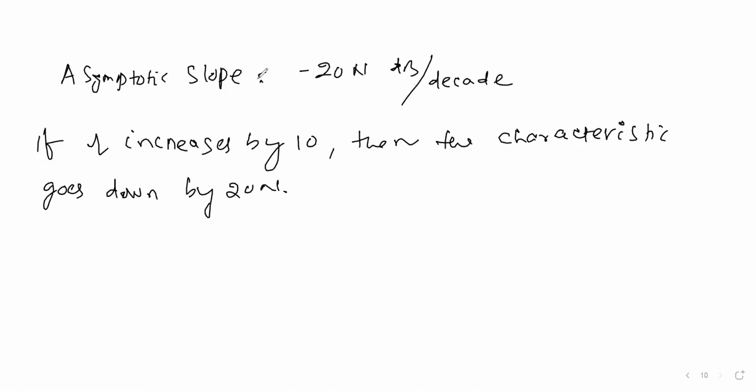Hence the asymptotic plot is minus 20n dB per decade. Okay, if omega is increased by a factor of 10, it will decrease by 20n.